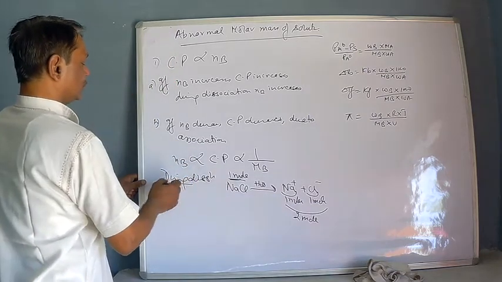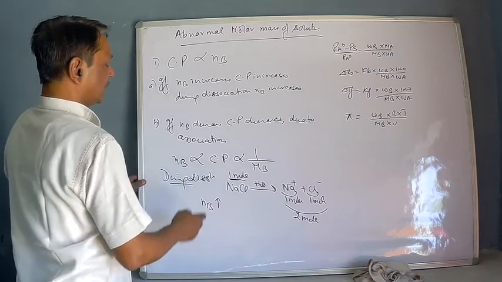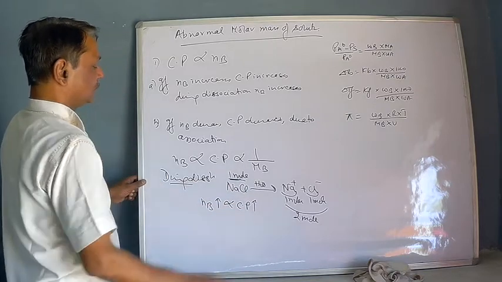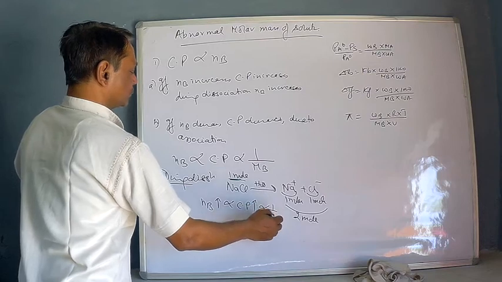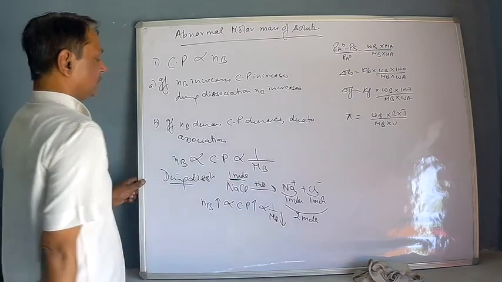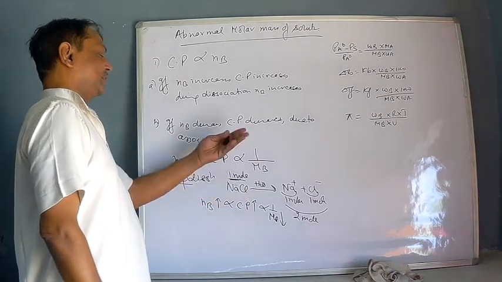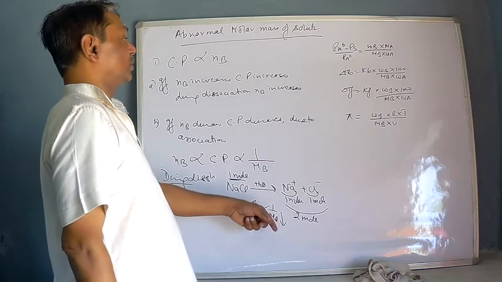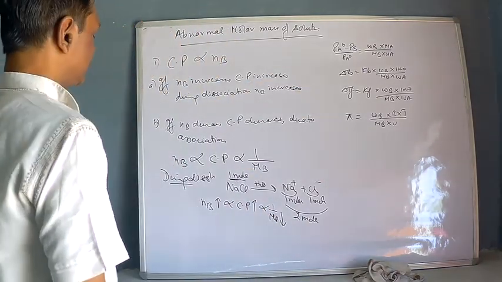Therefore, during dissociation, NB increases, and if NB increases, then colligative property also increases, and if colligative property increases, then molar mass decreases. So, whenever there is dissociation of the solute in water or in any given solvent, if number of moles increases, then definitely the molar mass which we are going to calculate will always be less than expected.